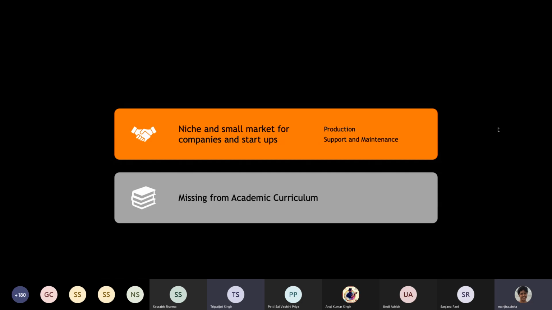And then, if we do it in an academic environment, what about production support and maintenance? Because there is no provision for that. Also, discussion of disability and assistive technology is highly missing from our academic curriculum. Some universities have disability courses, but those are mostly social sciences oriented.